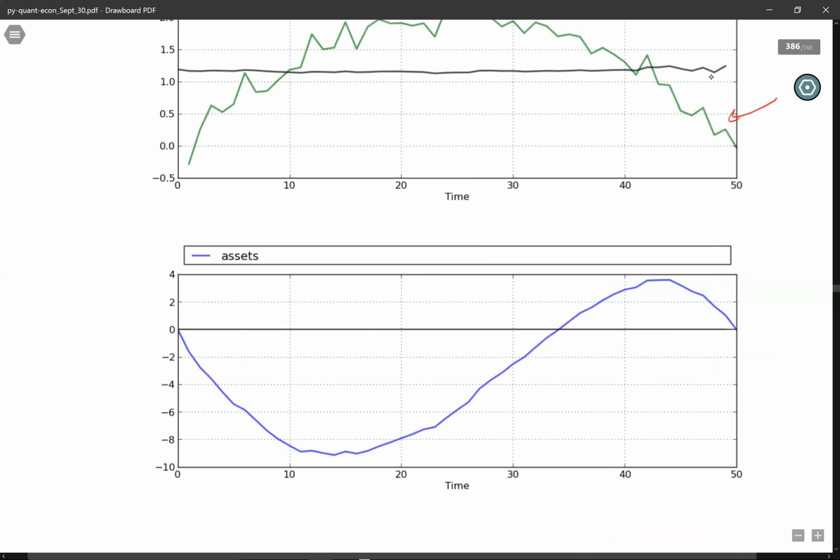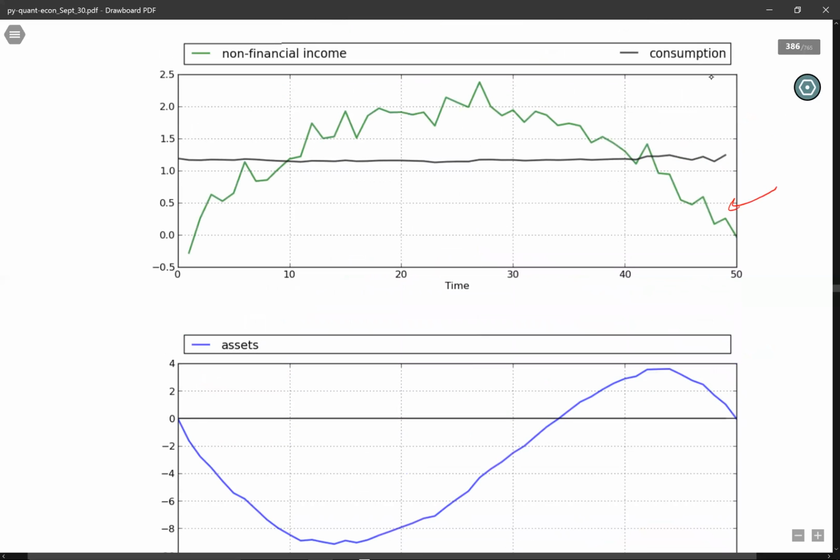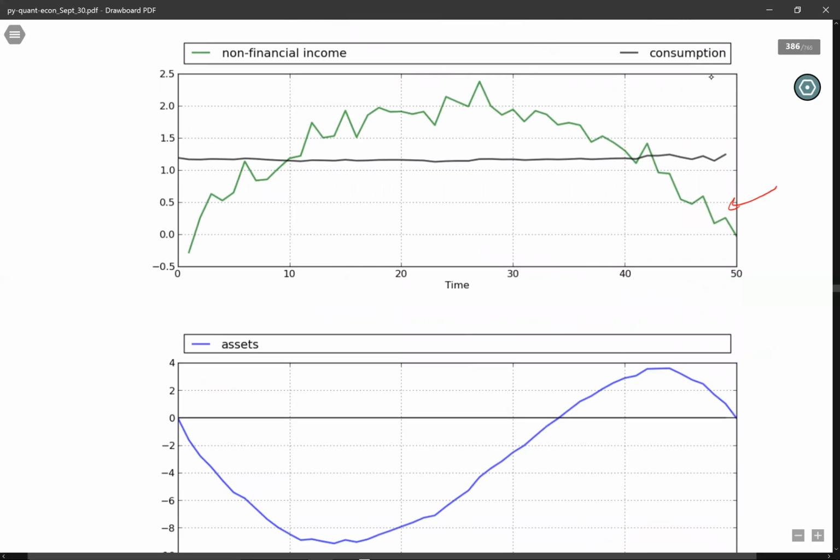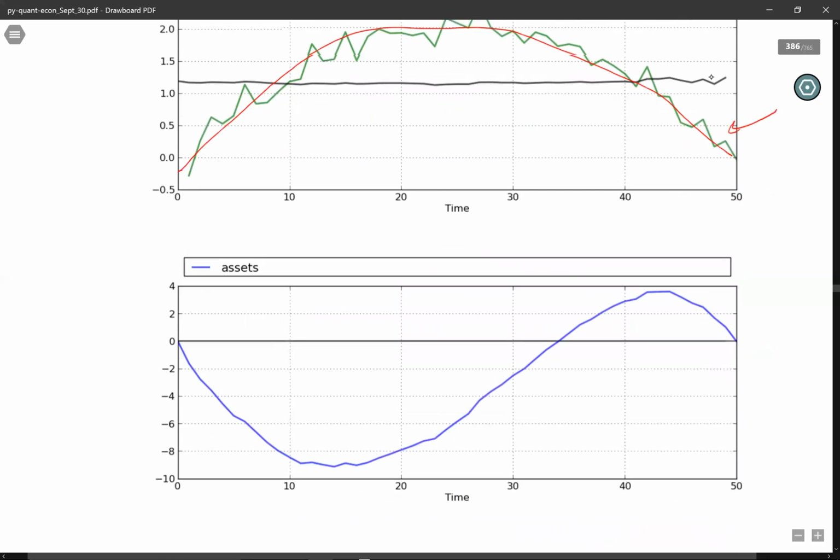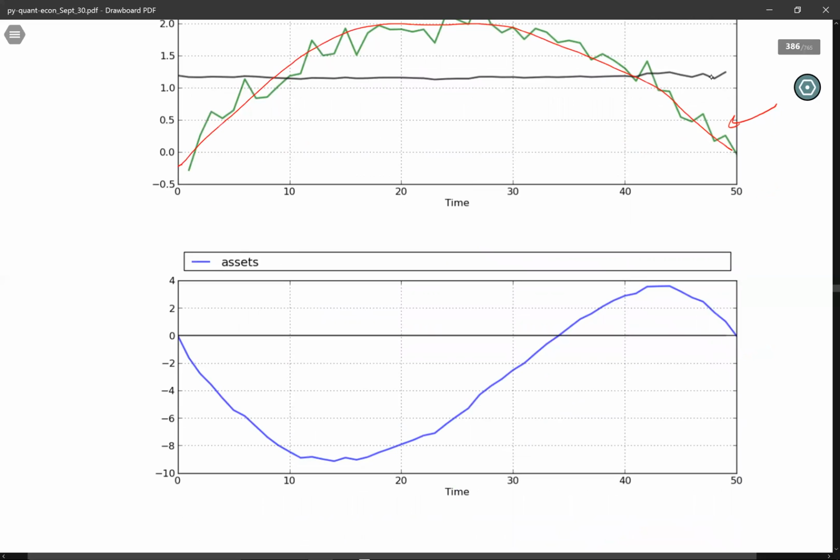And what does he do? Look at this. Early on in his life, or her life, they know their income process is going to, they can't predict it perfectly, but they know that there's going to be this hump shape. This is a famous hump shape in the income process. So what does the person do in anticipation of that, according to the Friedman model?